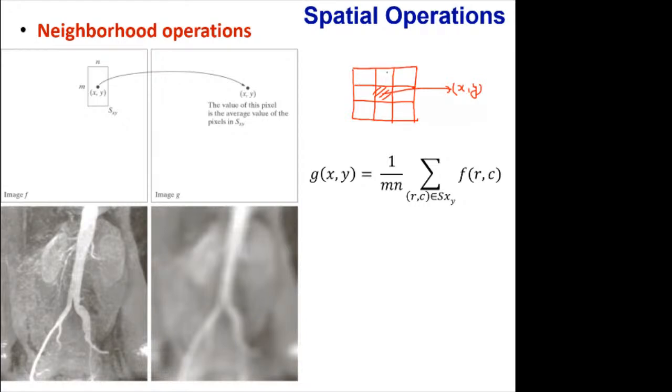And that neighborhood is consisting of one row above this, one row of pixels below this, one column of pixels on the left, and one column of pixels on the right with respect to the center pixel. So that means in this case, this pixel, this pixel, this.